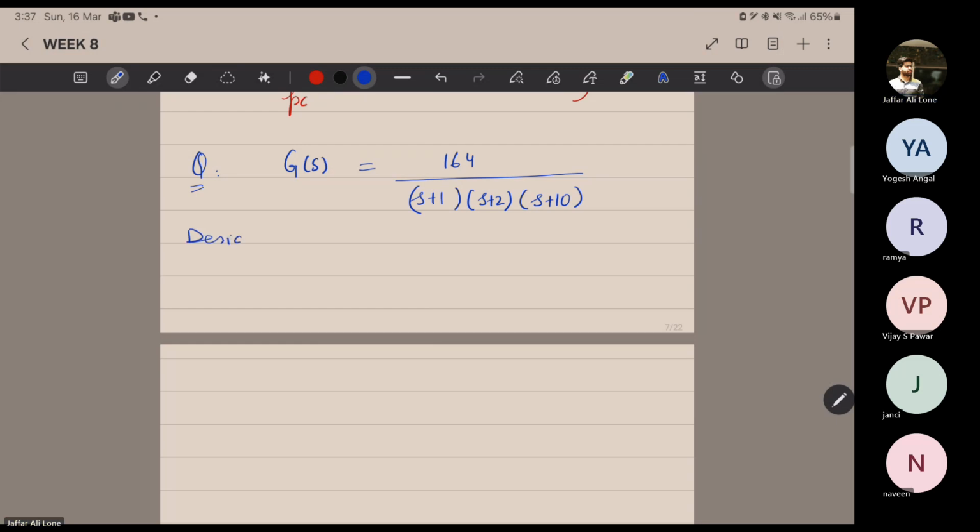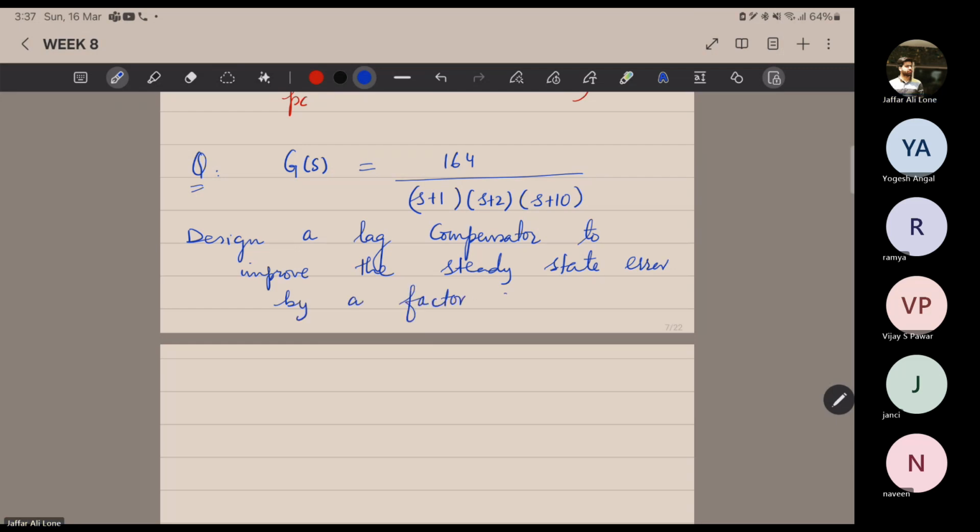Design the lag compensator to improve the steady state error by a factor of 10. Can you try? Can anybody try?